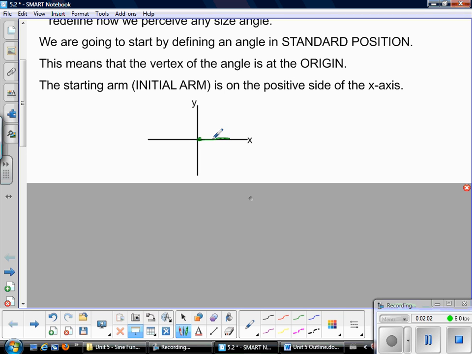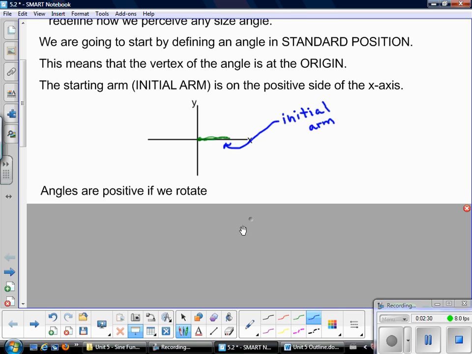So that is where my angle has to start. It starts along there, and that is the initial arm. Okay, so that's our starting place.